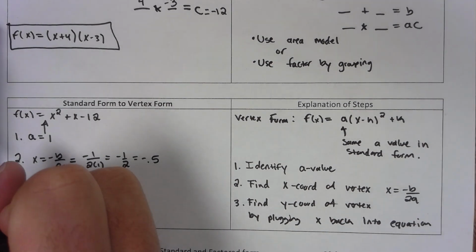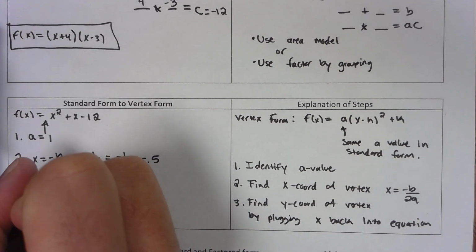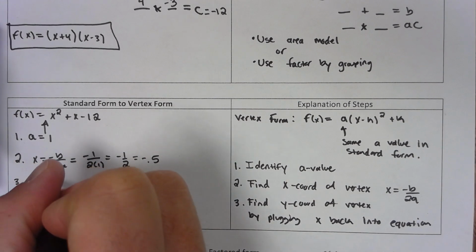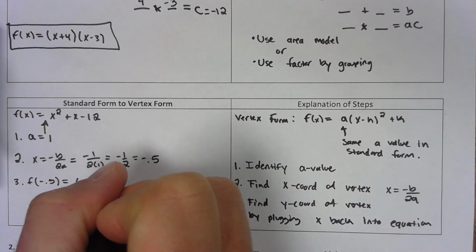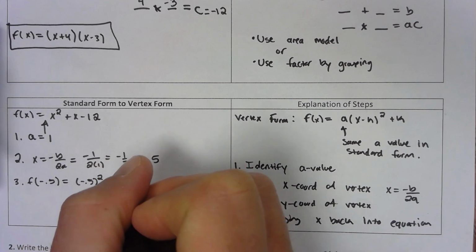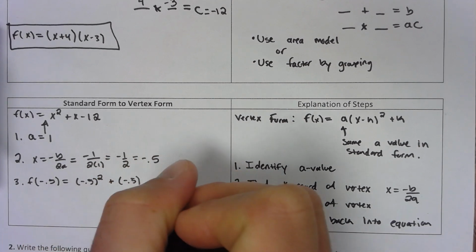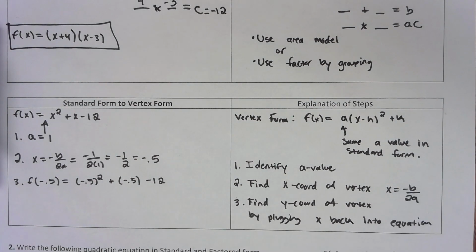And then step 3 is to find y. So we're going to find f of negative 0.5, which is negative 0.5 squared plus negative 0.5 minus 12. I'm just going to let the calculator do all that work for me.